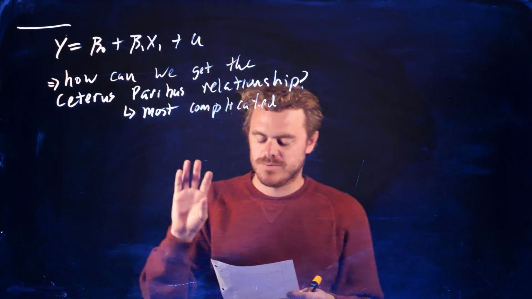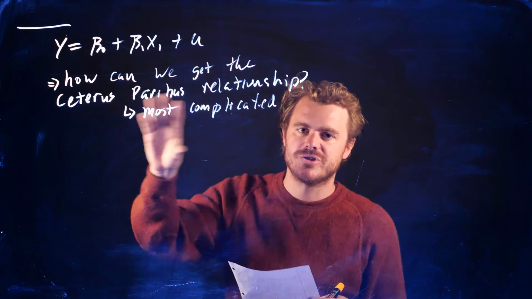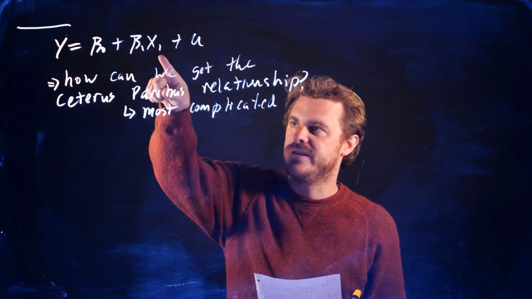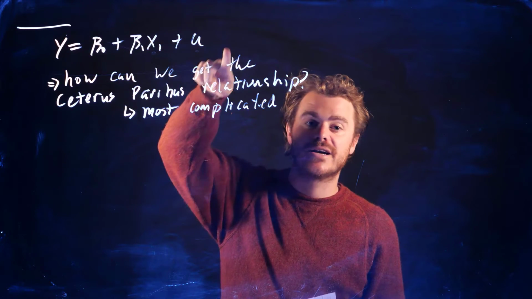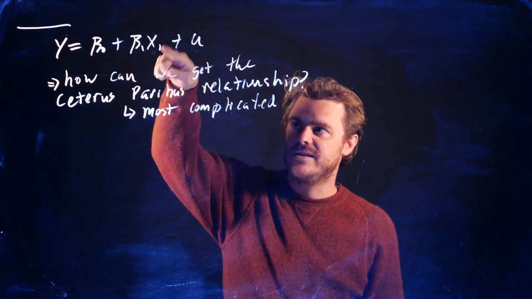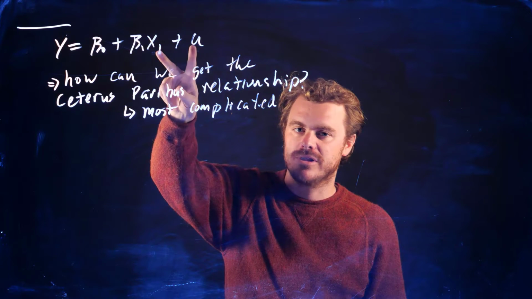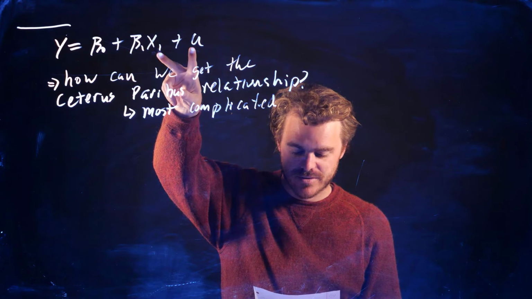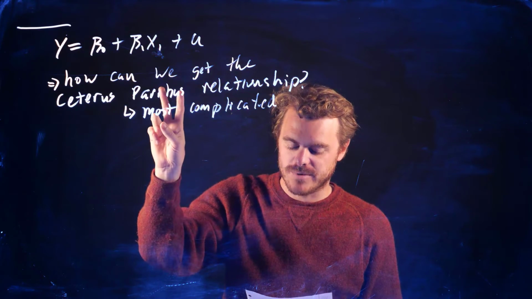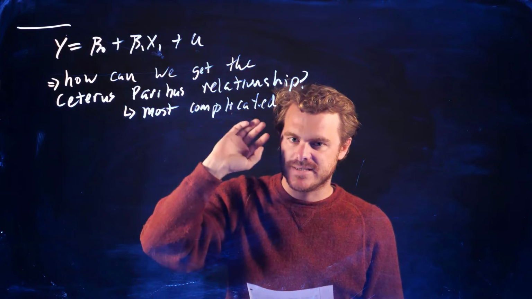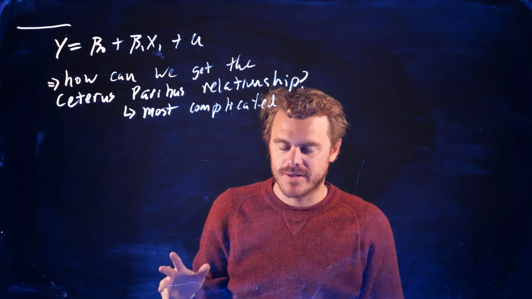So we need to start making assumptions about the relationship between x and u. Remember, all these other factors are in u. So now we need to start making assumptions about the relationship between these two. But both of these two things are random variables, which means that these assumptions are going to be based in probability.